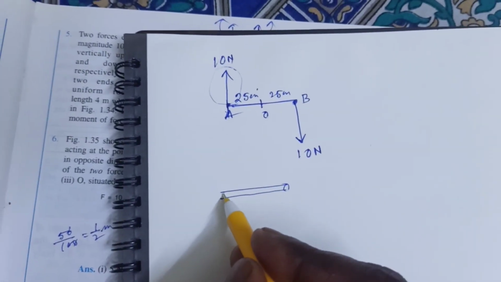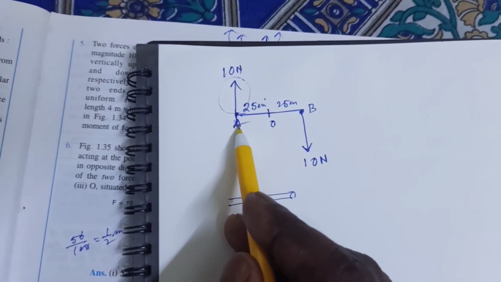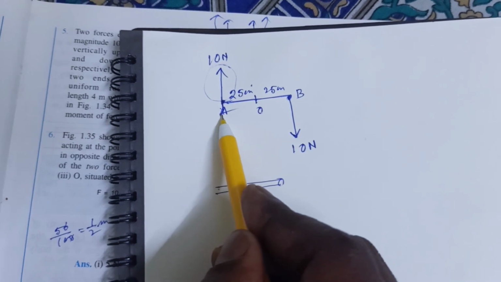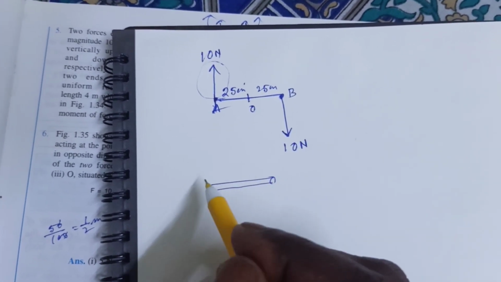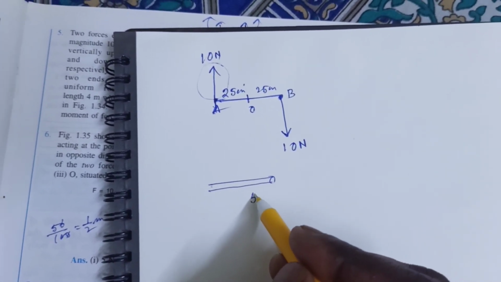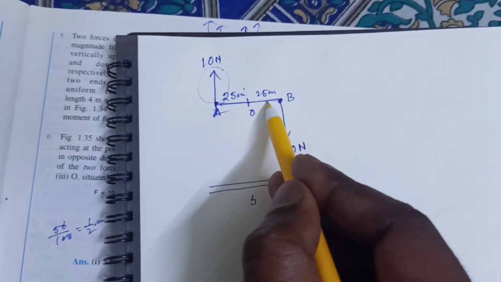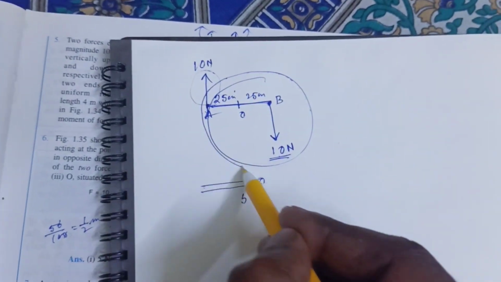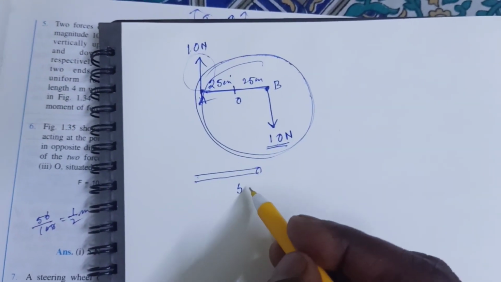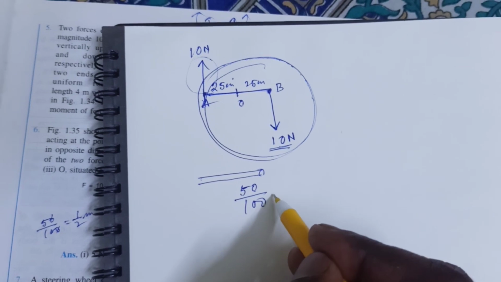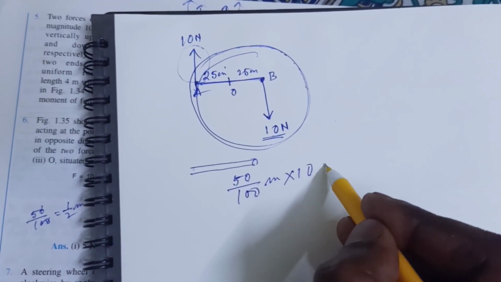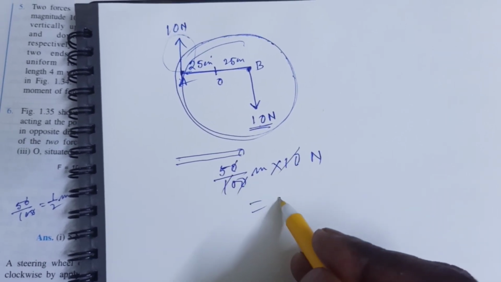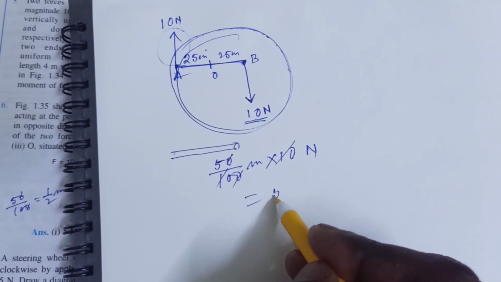So the moment of force about A: when we calculate it, we multiply the force and that particular distance. So the moment for that system is 50 by 100 meter into 10 Newton, that is half into 10, which is 5 Newton meter.